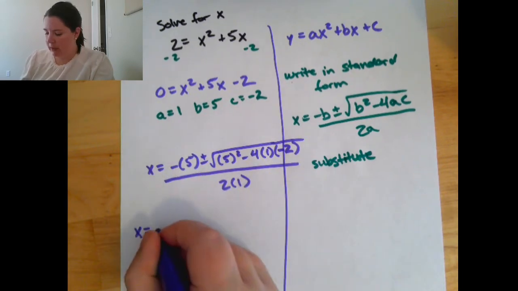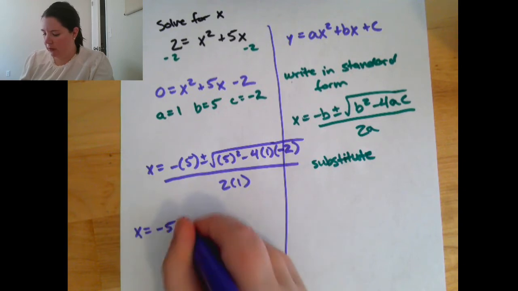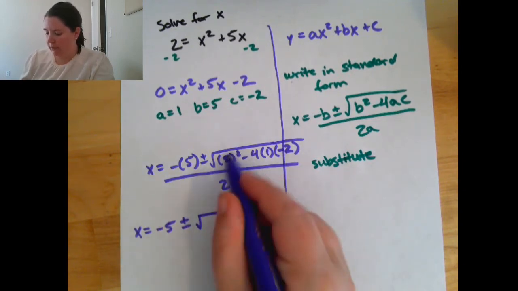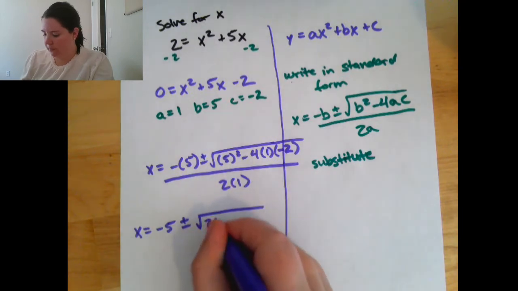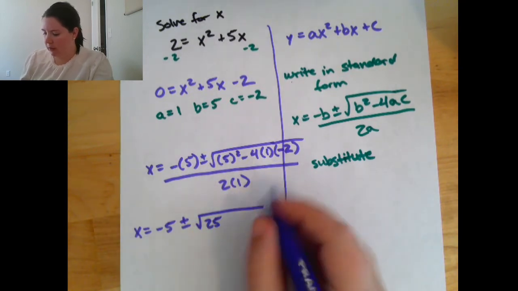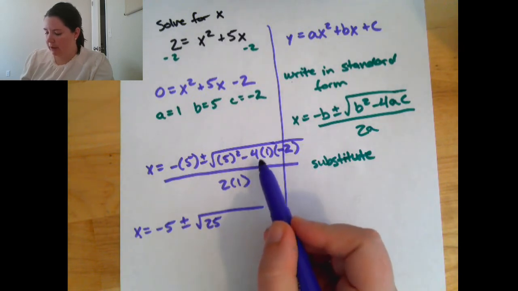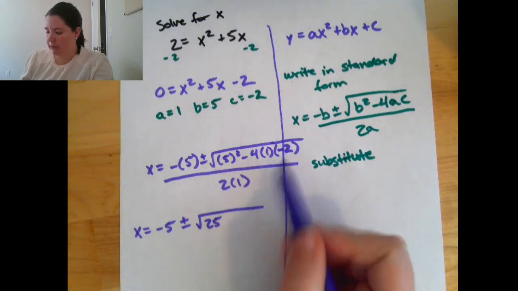This becomes -5 plus or minus the square root of 5 squared, and then we're going to multiply these out. I have a negative 4 times 1 times negative 2.